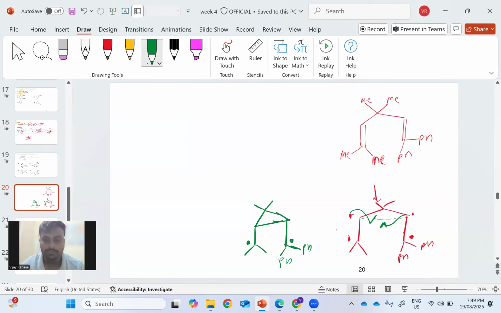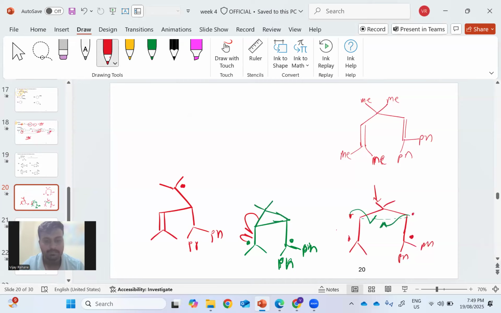Obviously, the radical which is adjacent to the phenyl ring, because it gets stabilization by the resonance effect of this phenyl. So now this bond gets cleaved and it forms a double bond. There was a methyl, and the radical is now on this position. The remaining phenyl, phenyl will be the same, and here again another radical will be as it is.